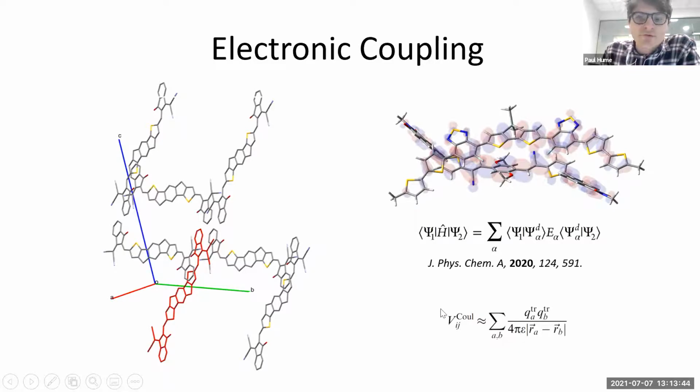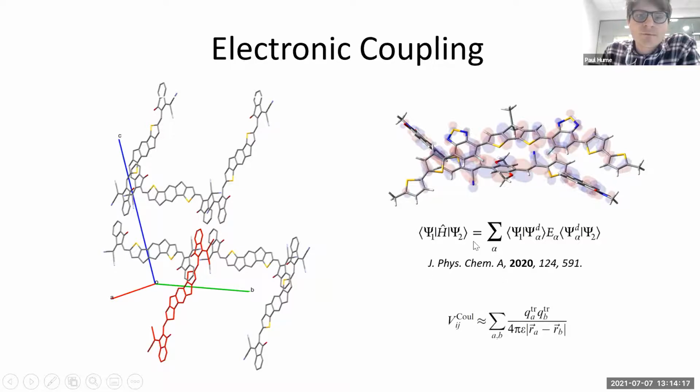You decompose the transition density into point charges for each atom, and then add up all the Coulomb interactions between them. That's great, but at close range it starts to fail, because there's a deviation between point charges and the actual transition density, and new physics comes into play: you start to have overlap and exchange effects.